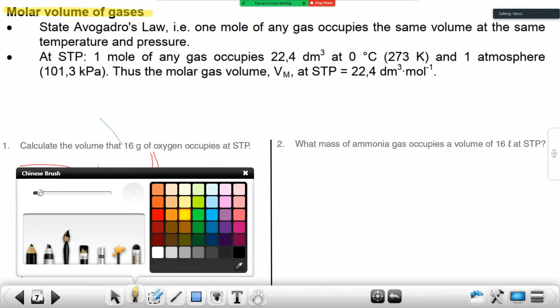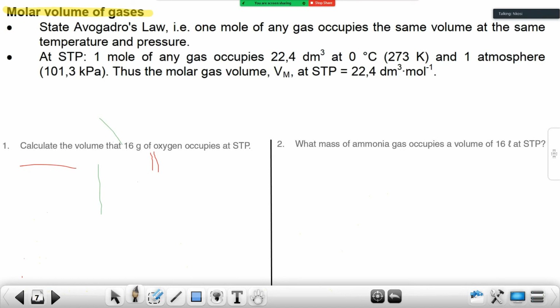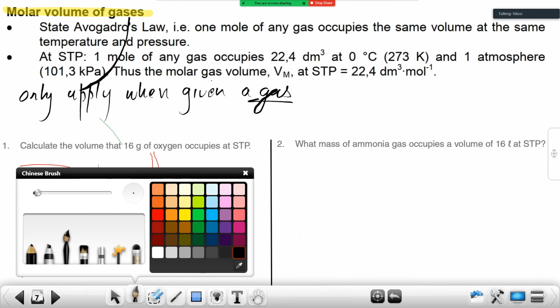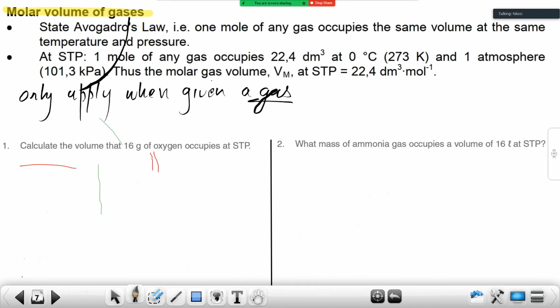It says gases. So the first thing that I need to emphasize is I can only apply it when given a gas. So if I don't have a gas, then I cannot apply what I am going to talk about in this particular slide.